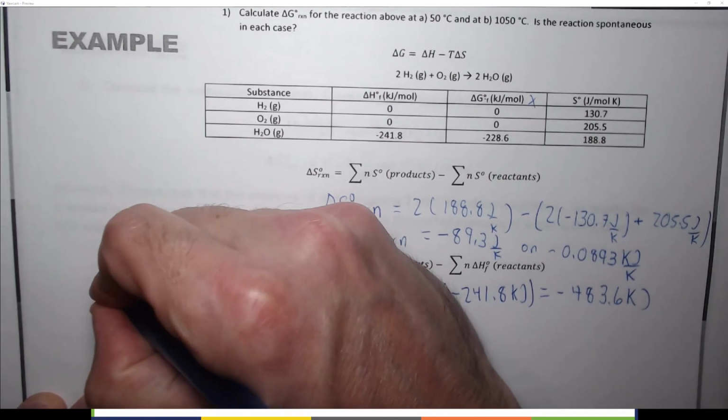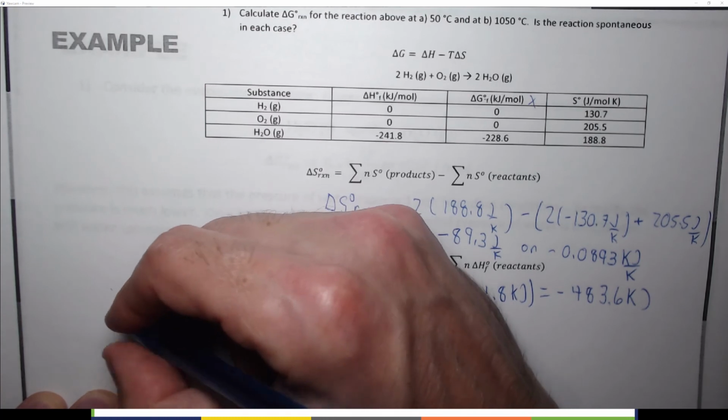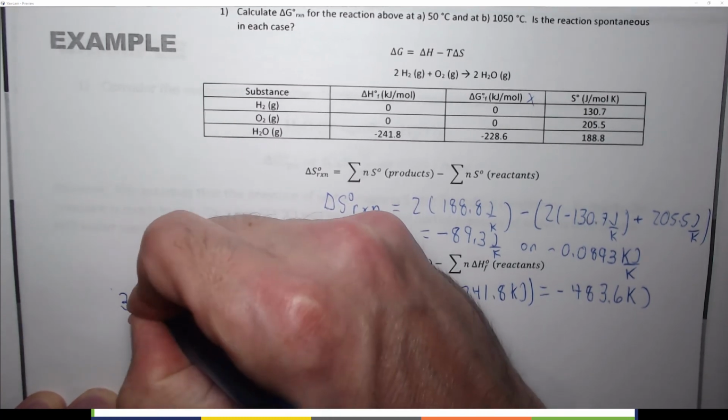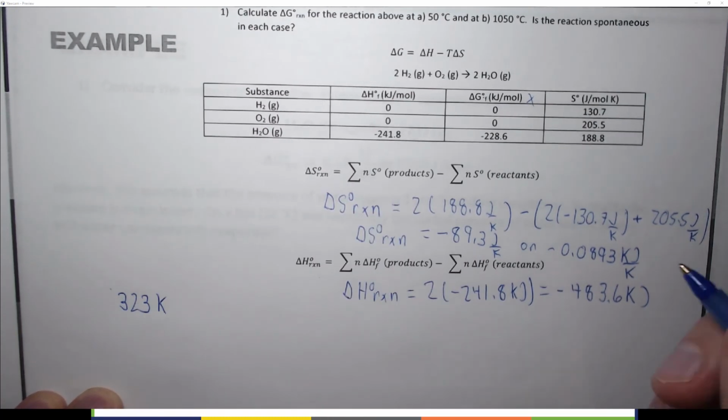So let's do 50 degrees C first. So 50 degrees C is 323 K. I just add 273 to that.